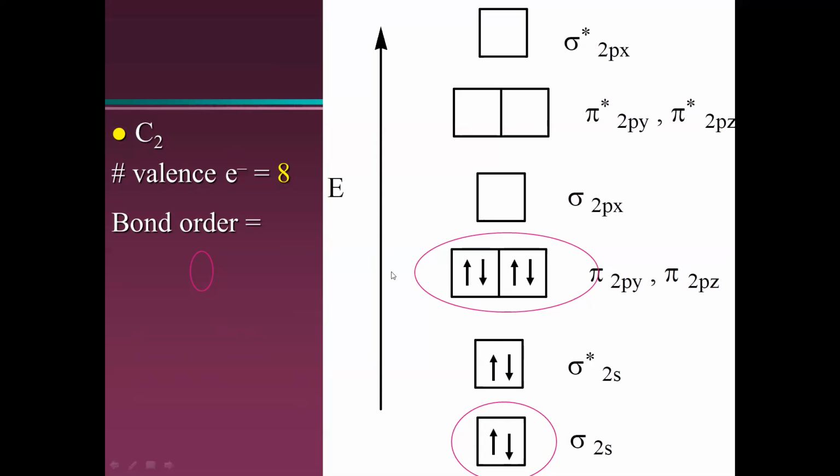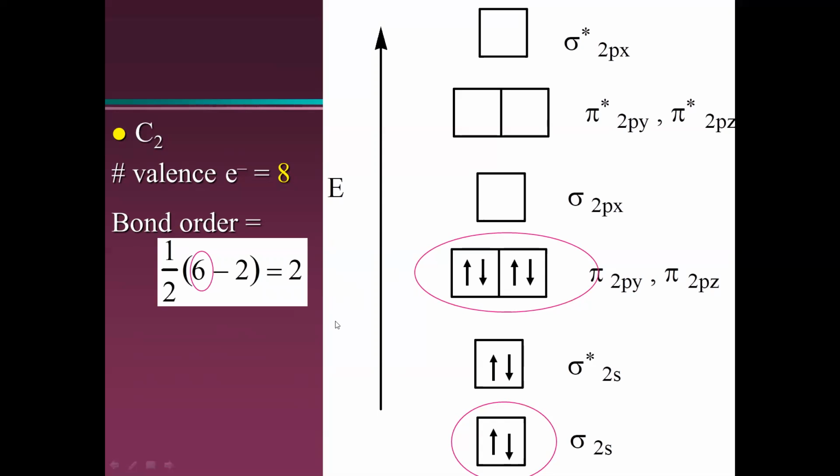So the bond order, according to the definition, is based on the number of electrons in the bonding orbitals. Let's see which are bonding orbitals. This is a bonding orbital, without a star. You get 2. This is also a bonding orbital without a star, and you get 4. 4 plus 2 is 6.